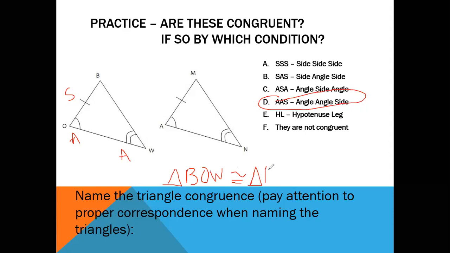M. Good. What matches with O? A. So triangle BOW is congruent to triangle MAN.